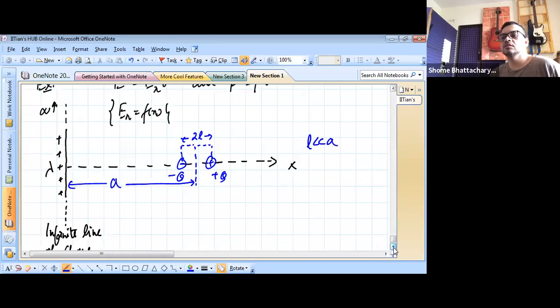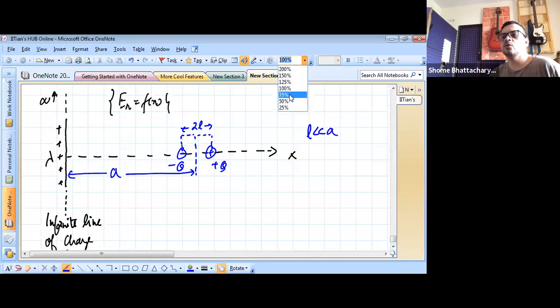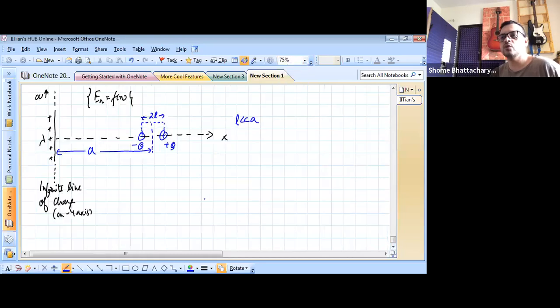So you want to find the interaction between them, what is happening. Is there force, is there torque, and what kind of force or torque it is.